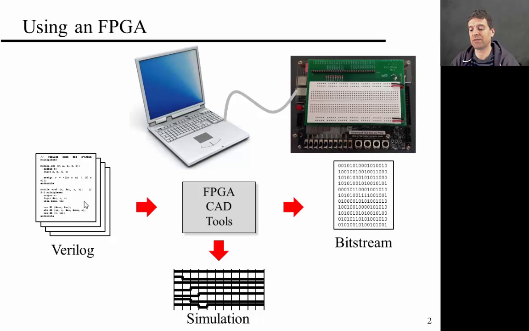So you set the programming bits in the FPGAs such that you make the desired connections and the desired logic as specified by the code. But the second aspect of Verilog that's also going to come in handy is that it is a simulation language. So whatever you specify in Verilog, you can also simulate to verify that the system that you're intending to build actually behaves the way it's supposed to before you build it. Okay?